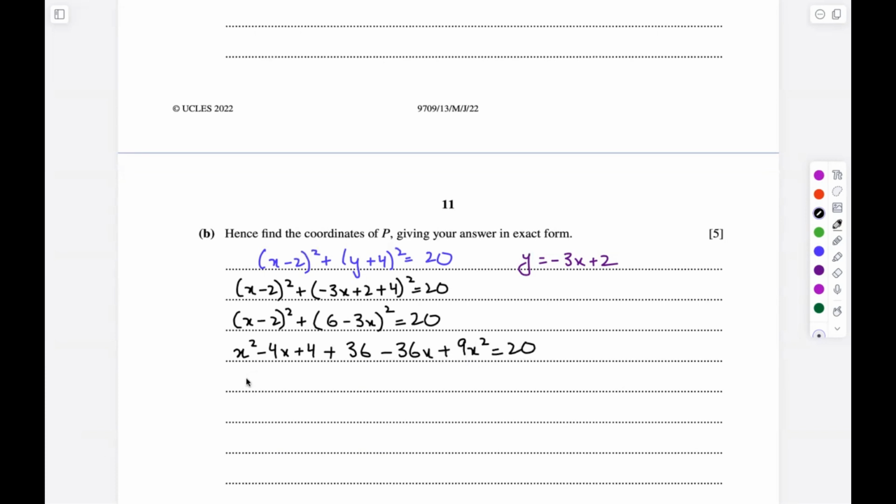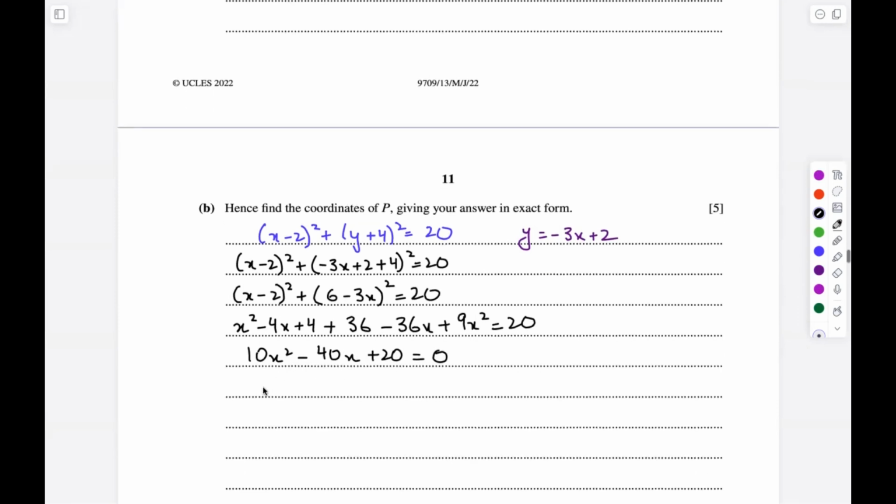So 9x squared plus x squared will be 10x squared, minus 4x minus 36x will become a minus 40x. And we have plus 4 plus 36, which is 40, and when we bring the 20 on this side, this will become a plus 20 equals 0. Dividing the equation by 10, we can write this equation as x squared minus 4x plus 2 equals 0.